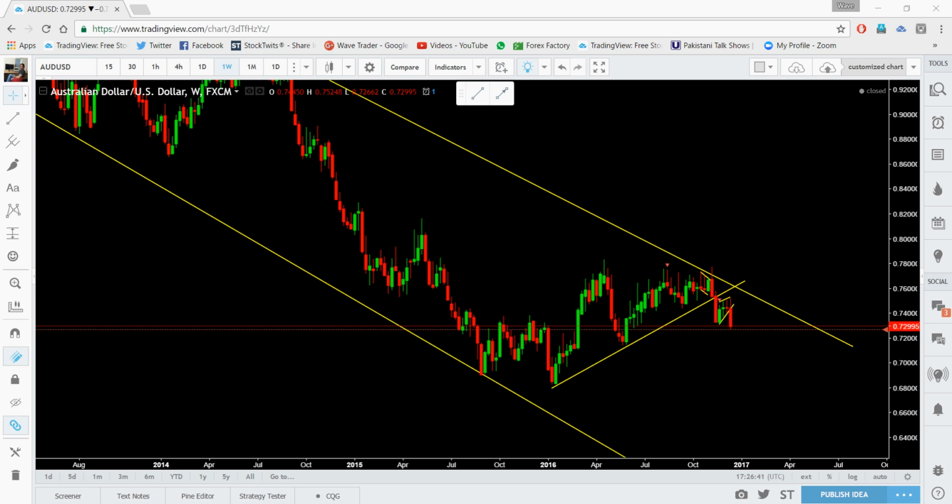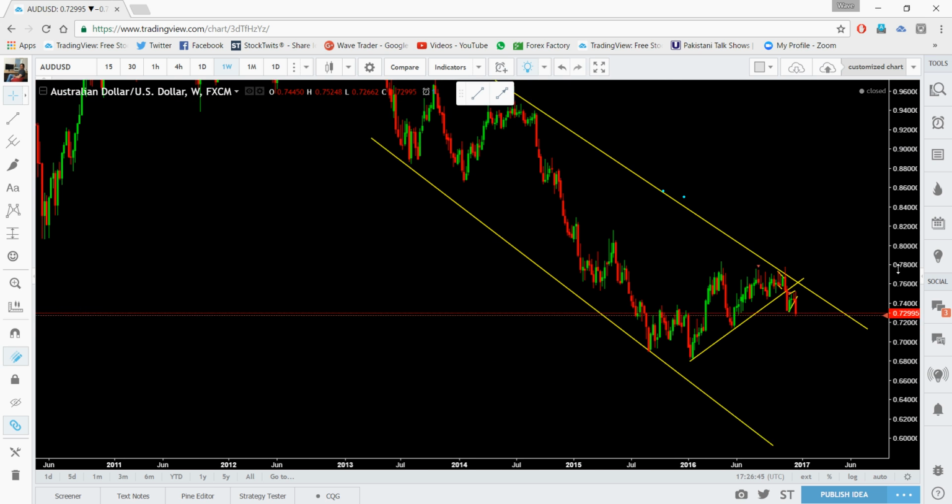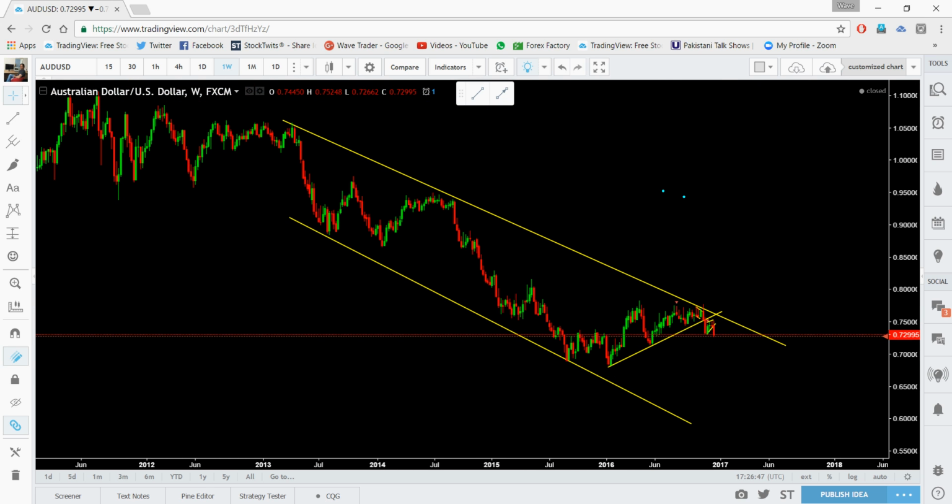We can see price running into this long standing descending channel, and this corrective wave is over, and the continuation is forming. We're anticipating that price is going to hit this place, at least this place.